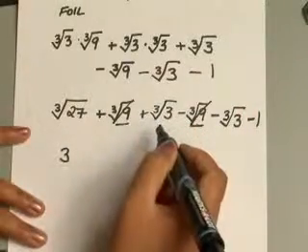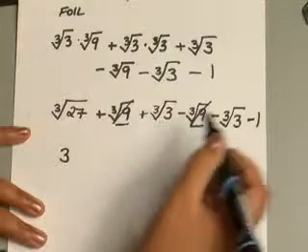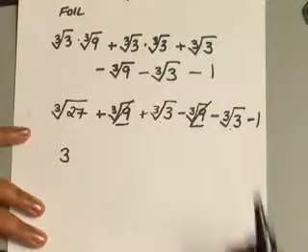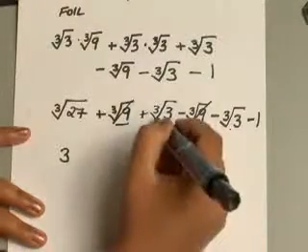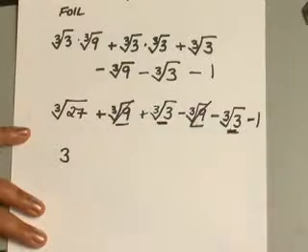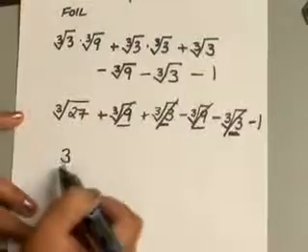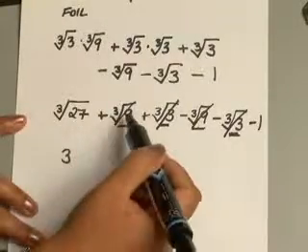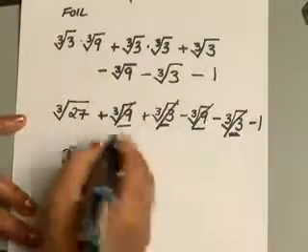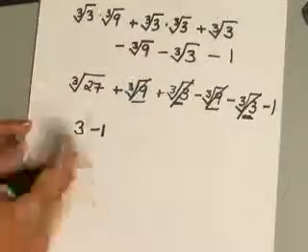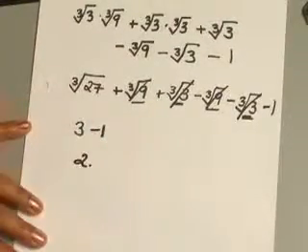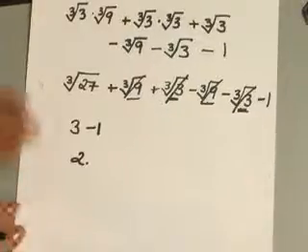Same thing happens with cube root of 3. You have cube root of 3 positives here and a negative cube root of 3 here. So again, these two, positive and negative, will cancel each other out. So the first term we simplified it down to a 3. The middle terms got canceled, and then you're left with negative 1 at the end, and 3 minus 1 will give you 2.